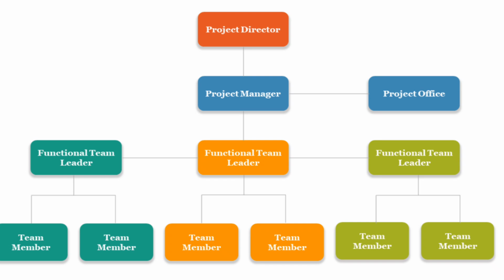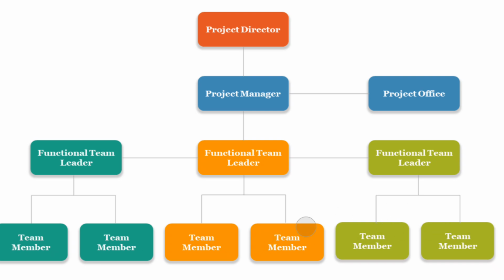On top, you can have a project director, or a project sponsor. From there, below, you have a project manager. From the project manager, we can have a project officer. Then you can also have functional team leaders. From there, at the bottom, you have team members.